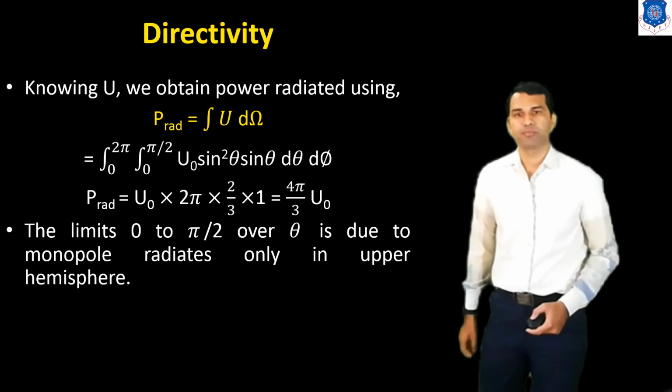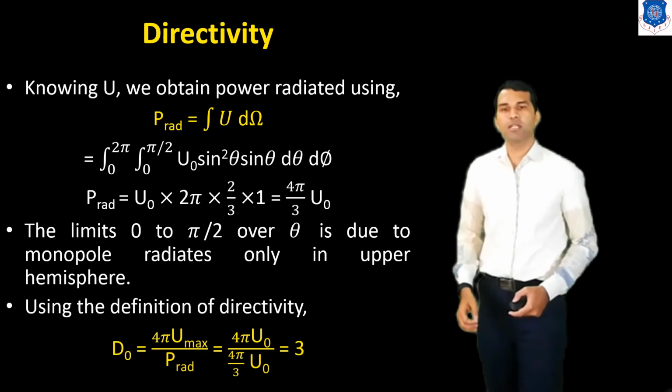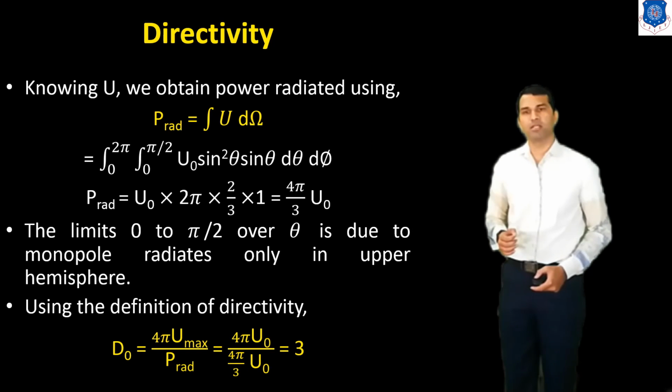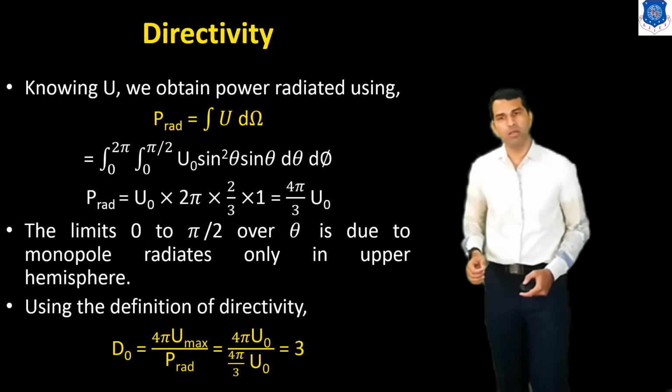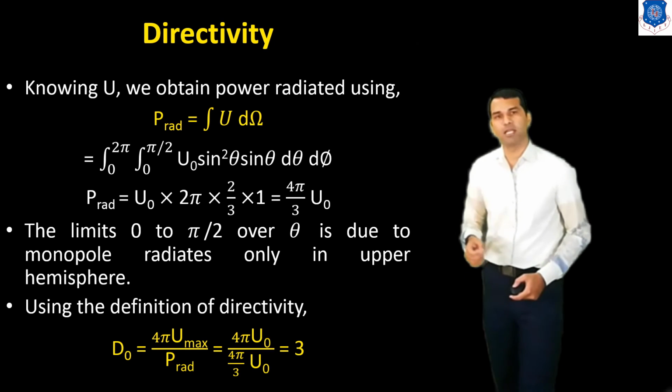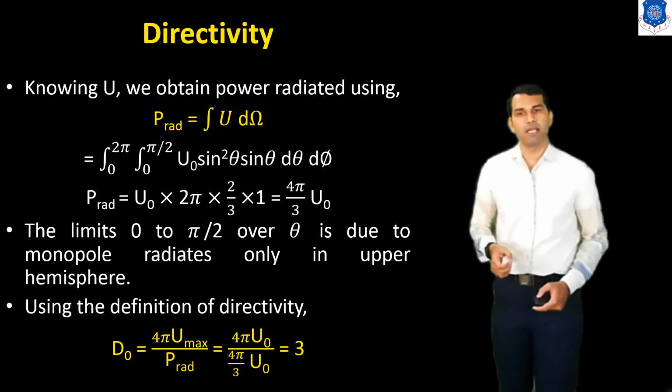Using the definition of directivity, we know that directivity is nothing but 4 pi U max upon P radiate. U max is the maximum intensity and P radiate is the power radiated.